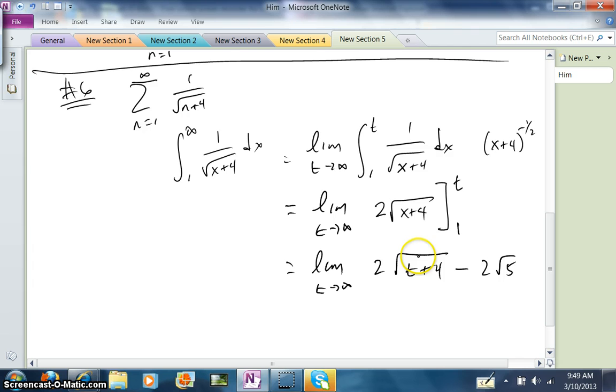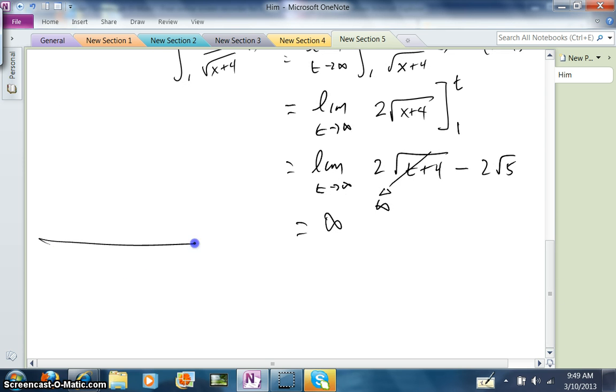This blows up, so this goes to infinity here, so we say this is divergent. Okay, so since this was not a number, we attach the word divergent to the integral and therefore to the series as well.